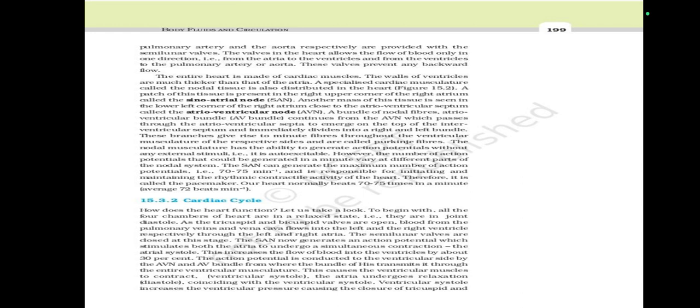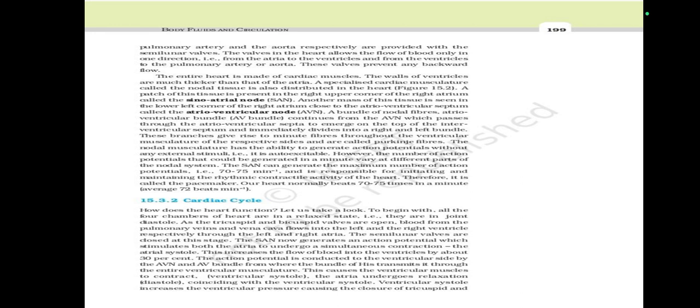A bundle of nodal fibers, the atrioventricular bundle, AV bundle, continues from the AVN, passes through the atrioventricular septa to emerge on the top of the interventricular septum, and immediately divides into a right and a left bundle. These branches give rise to minute fibers throughout the ventricular musculature of the respective sides and are called Purkinje fibers.